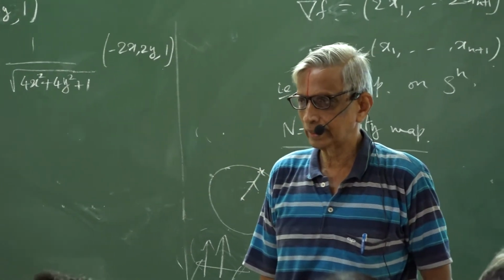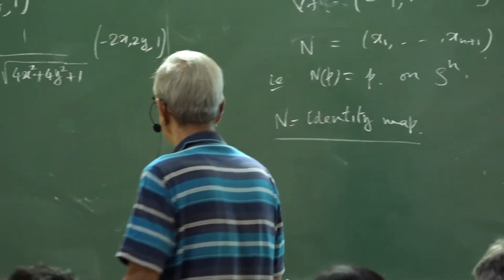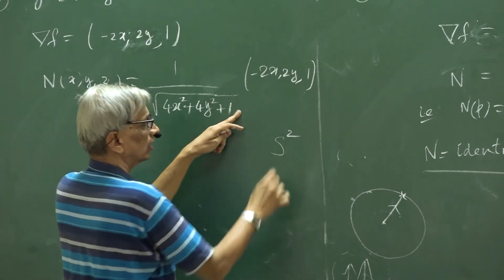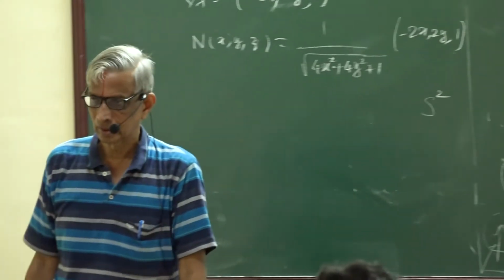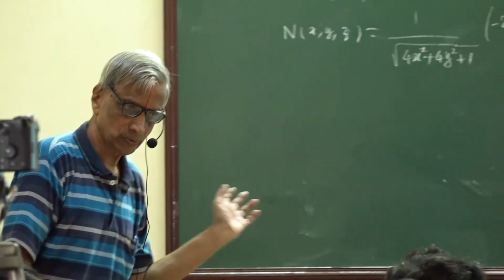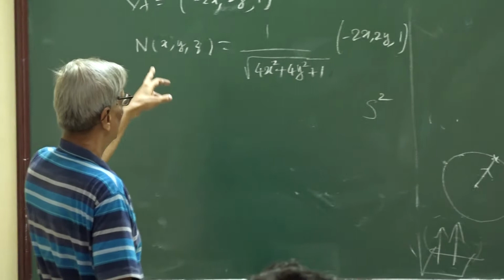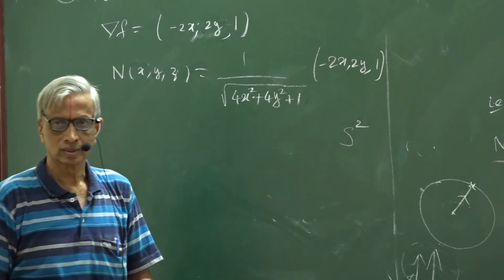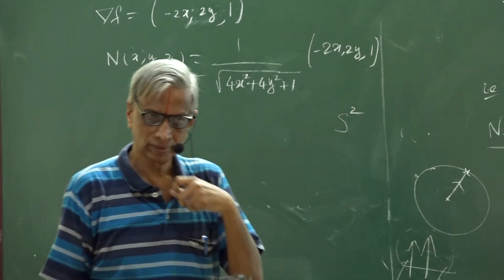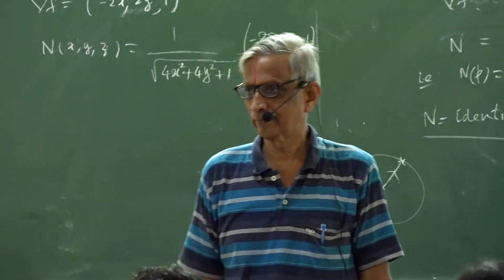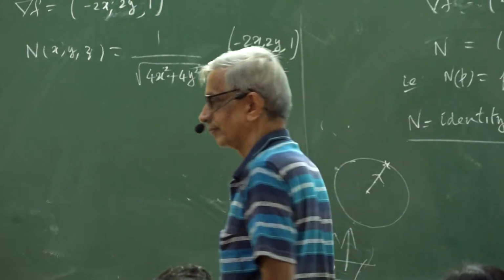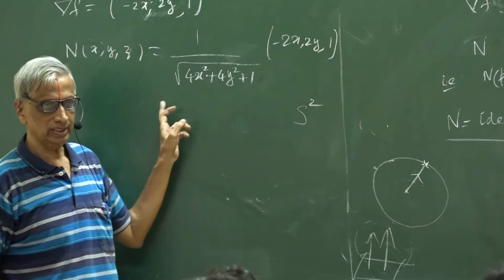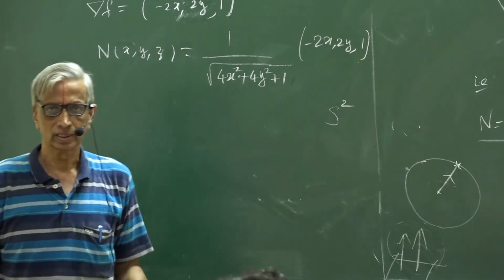There's some point. So these are all points on the sphere S2, right? Do you get the whole of S2 as the image in this case, or is there some point on the sphere which is not in the image here, the range of n?